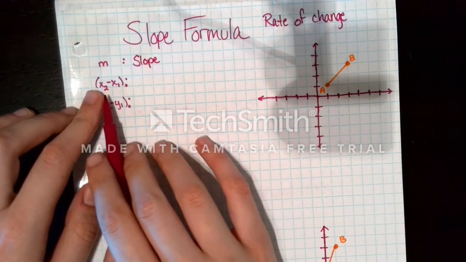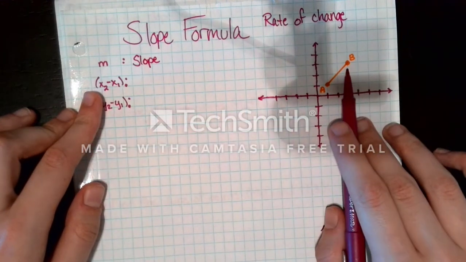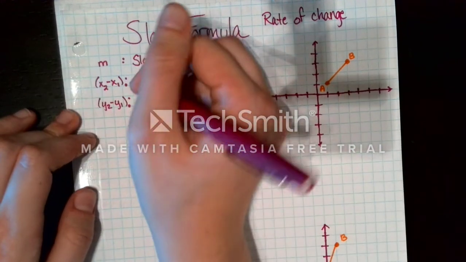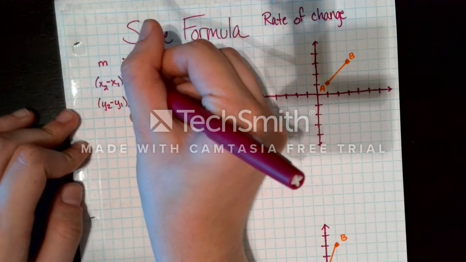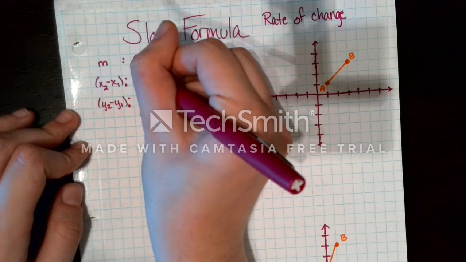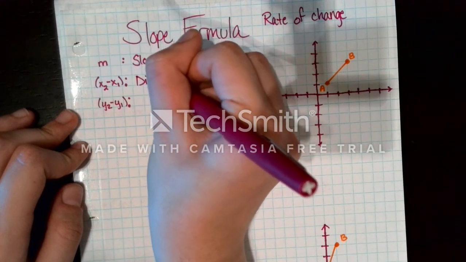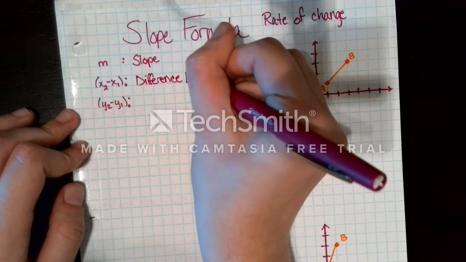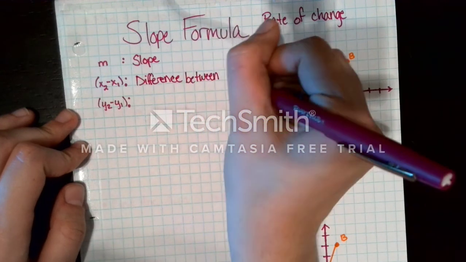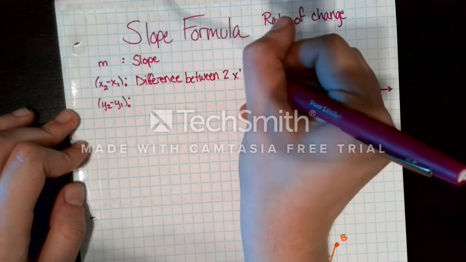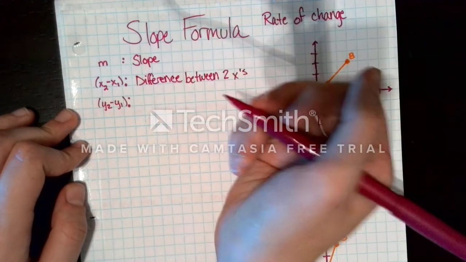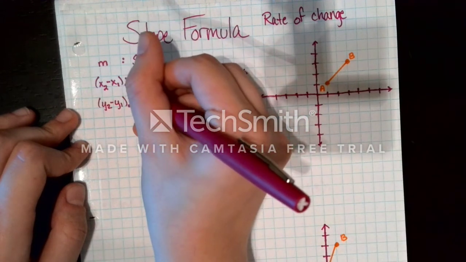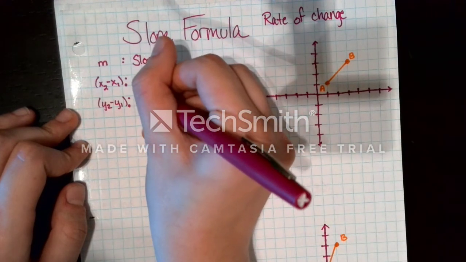So in this case, this can mean the x value of point B and the x value of point A. What that means is we're looking for the difference between two x's, or the difference between two x's in the change, or the horizontal change.